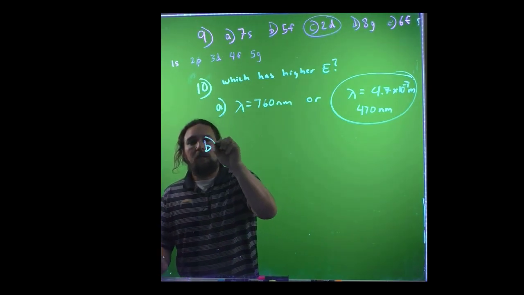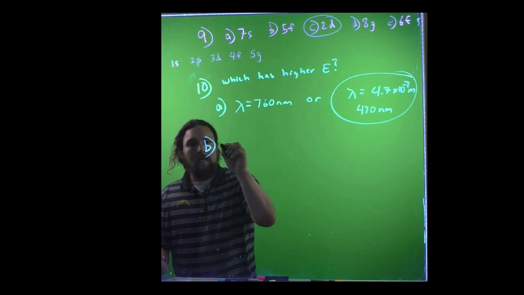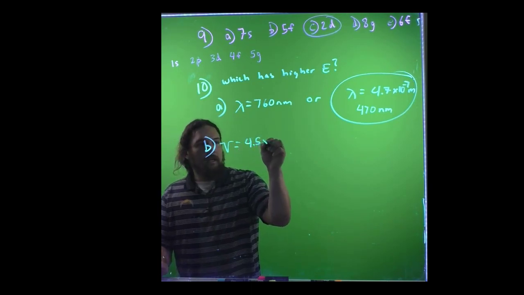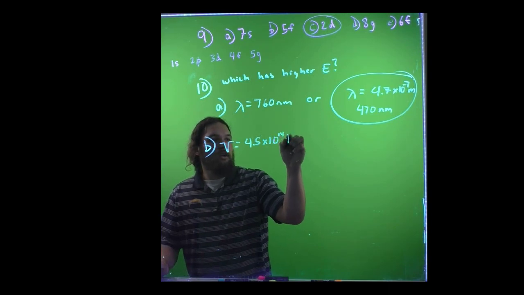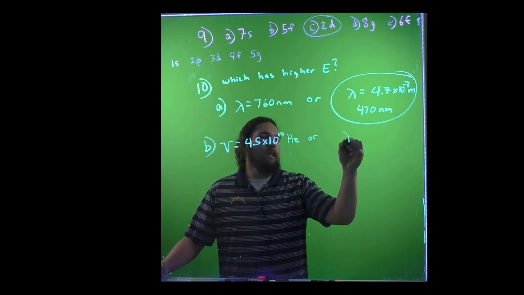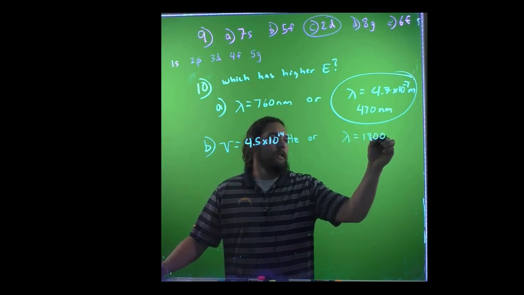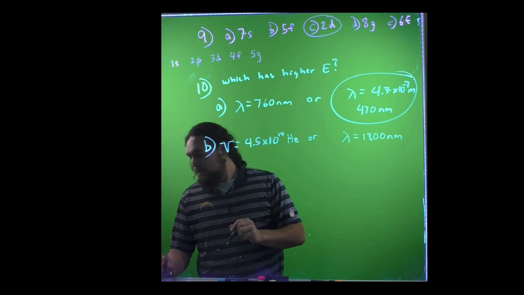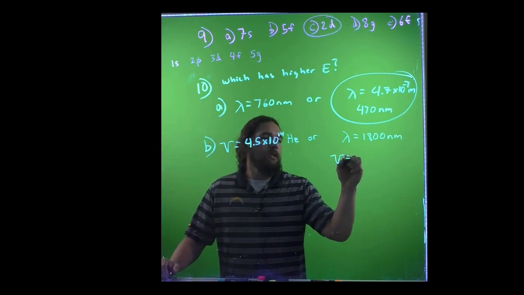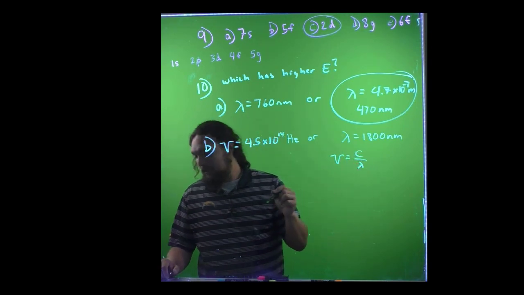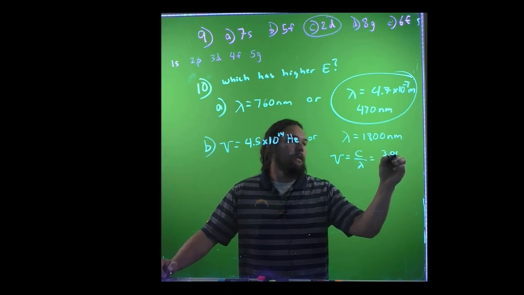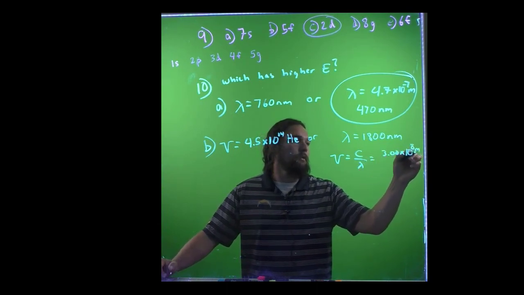Okay? For B, it says light with a frequency of 4.5 times 10 to the 14 hertz, or light with a wavelength equal to 1800 nanometers. So what I'll do is I will use nu equals c over lambda, and when I convert this, that's equal to 3 times 10 to the 8th meters per second.